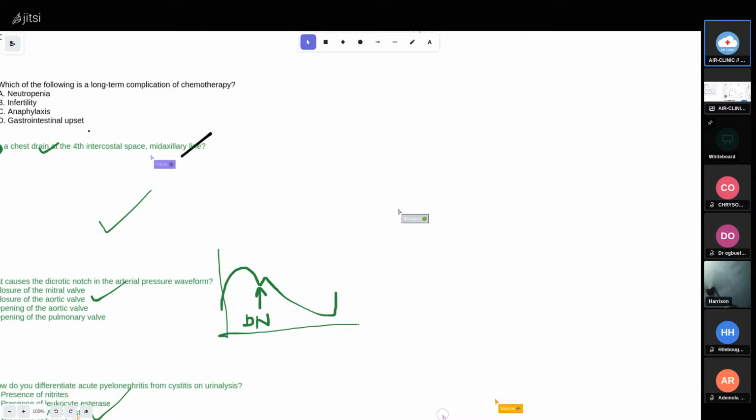So this is left, and this is right. This place I'm going now is pointing towards the apex, right?